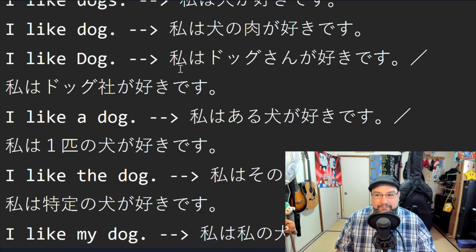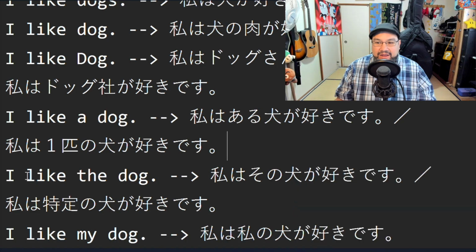It is a proper noun. I like a dog means you like one particular dog. Or you could say this particular dog. Okay? I like the dog. The dog. This dog. Okay? The dog. Or any of the other rules we said about the. And of course, possessives. I like my dog. Of course, the dog you have.